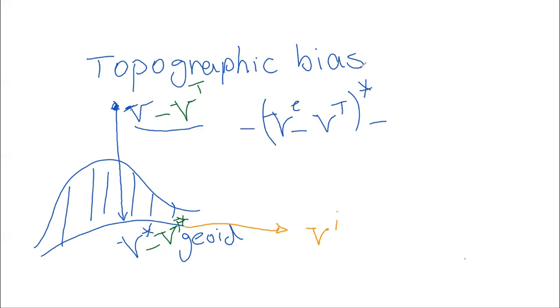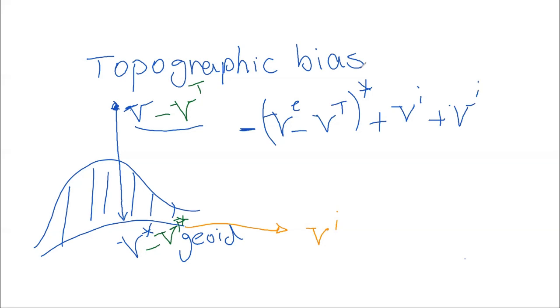If it is a bias we should remove it from the data, and then after restoring it, it will be V_I plus V inside.